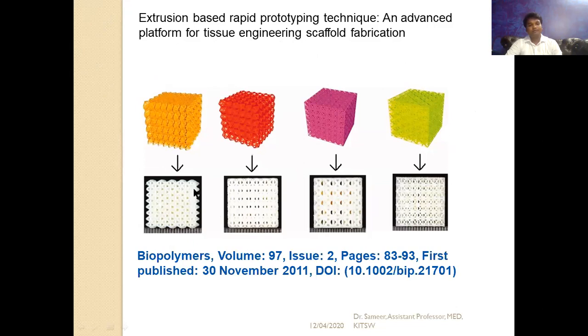Different types of designs have been developed and analyzed, and upon analyzing which design has a good tissue engineering effect, that has been selected. So this diagram has been selected from the Biopolymers volume 97 issue 2 page number 8393 journal, which was published in the year 2011.